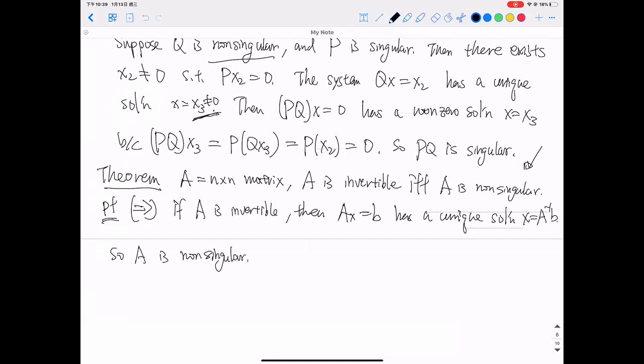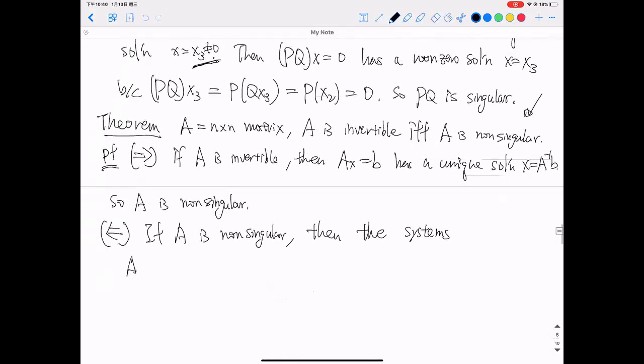Now, conversely, if A is non-singular, then the systems that we've considered before, AB1 equaling e1, AB2 equaling e2, and so on, ABn equaling en, all have unique solutions.